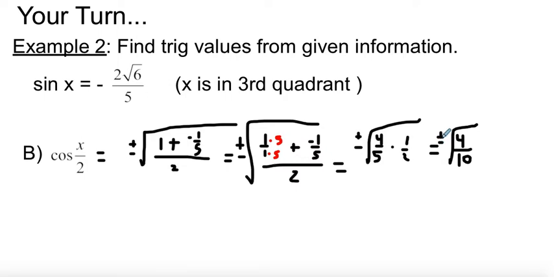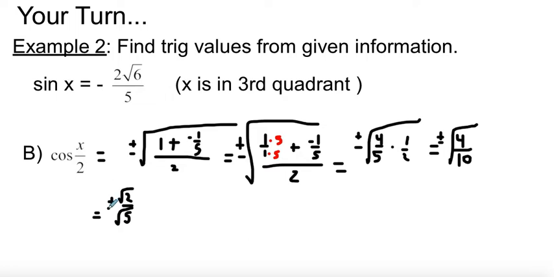So let's reduce down that 4/10. 2 goes into 4 twice, 2 goes into 10 five times. So I get 2/5. So basically I'm going to get the square root of 2 over the square root of 5.